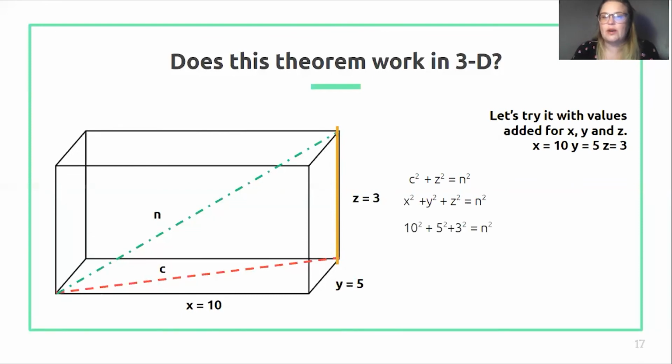So we have 10 squared plus 5 squared plus 3 squared equals n squared. Working that out, we get 100 plus 25 plus 9 equals n squared. So we can total those up to get 134. And we want to solve for n alone, so we're going to do the square root on both sides, which is going to give us n is equal to 11.6 if we enter that into our calculator.